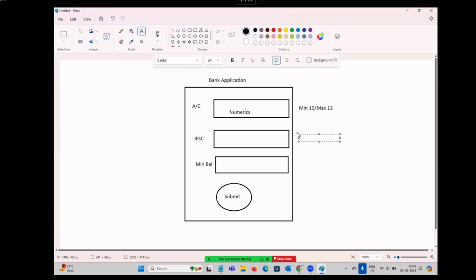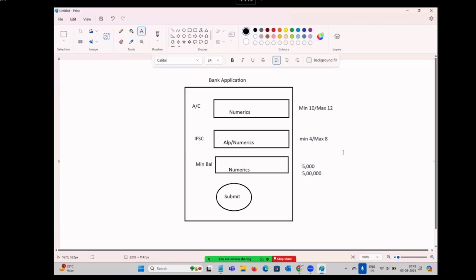IFSC code: minimum 4, maximum 8, with alphabets as well as numerics. Minimum balance: only numerics, minimum 5,000 and maximum 5 lakhs.